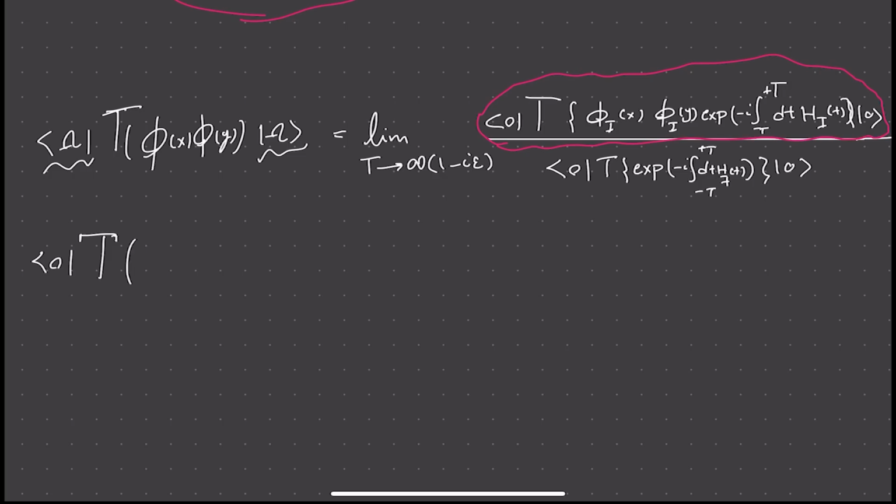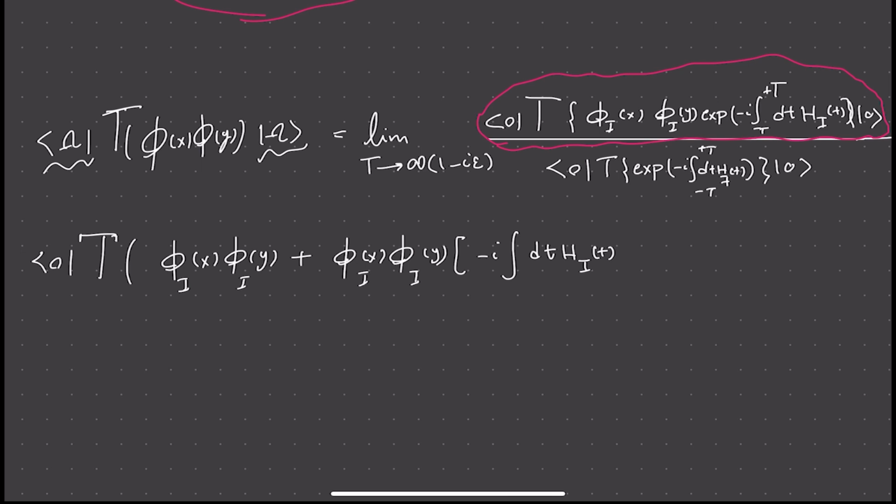So, for example, this is going to be phi of x, phi of y, with the index I to show this is the interaction, plus phi x, phi y, and now this is up to the first order, we're going to have minus i dt H_I of t, plus the other terms.